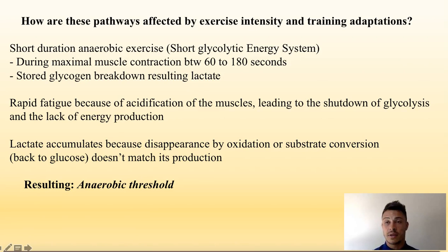As we learned in the Cori cycle, our bodies have the ability to recycle and use the lactate, where it will be converted to glucose, so we can use that source to produce more energy.